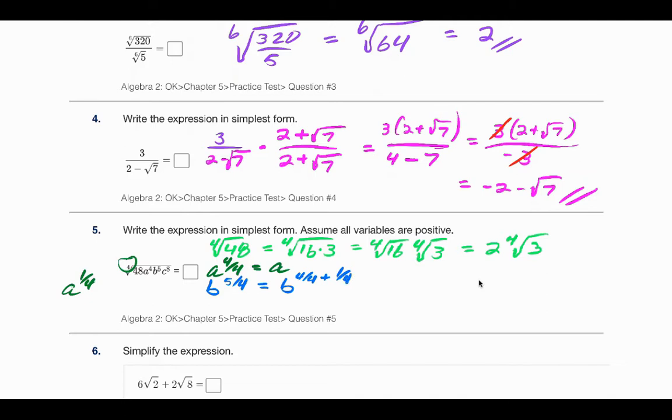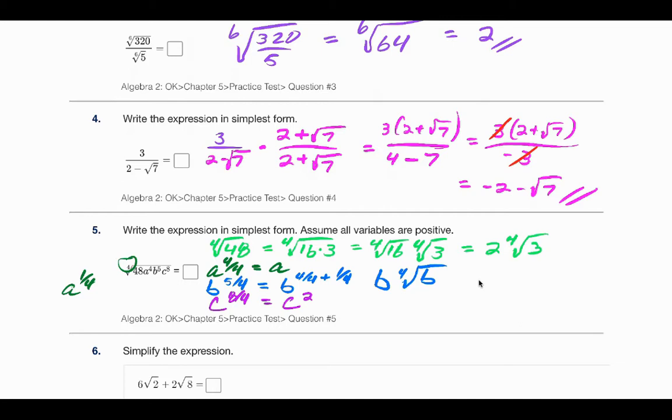So B to the 4/4 will just be B, just like I showed you with A, but the B to the 1/4, we're going to rewrite as the 4th root of B. And then finally for C, we're going to say that is 8 over 4. Well, 8 divided by 4 is 2. So that one will be C squared.